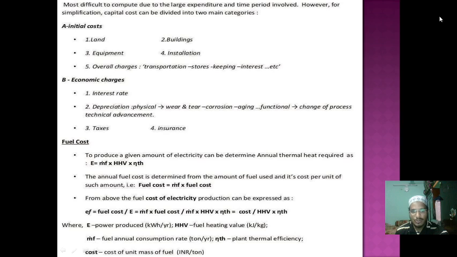If we want to do a power plant setup, we can consider these three things, and we can easily generate the power. We also have to take the license from the government. Okay, fuel cost.